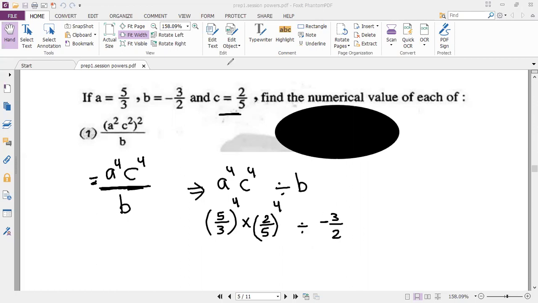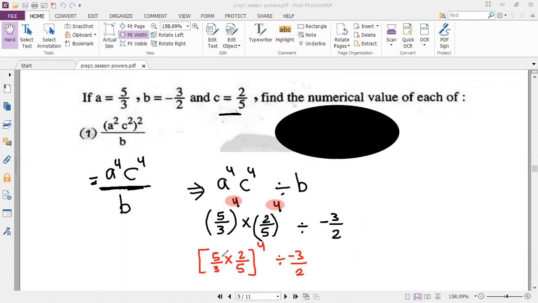Instead of multiplying 5 over 3 by itself 4 times, if you focus here on the powers, you will find 4 and 4. So we can write it as 5 over 3 times 2 over 5, all raised to the power of 4, divided by negative 3 over 2, because they are like powers.